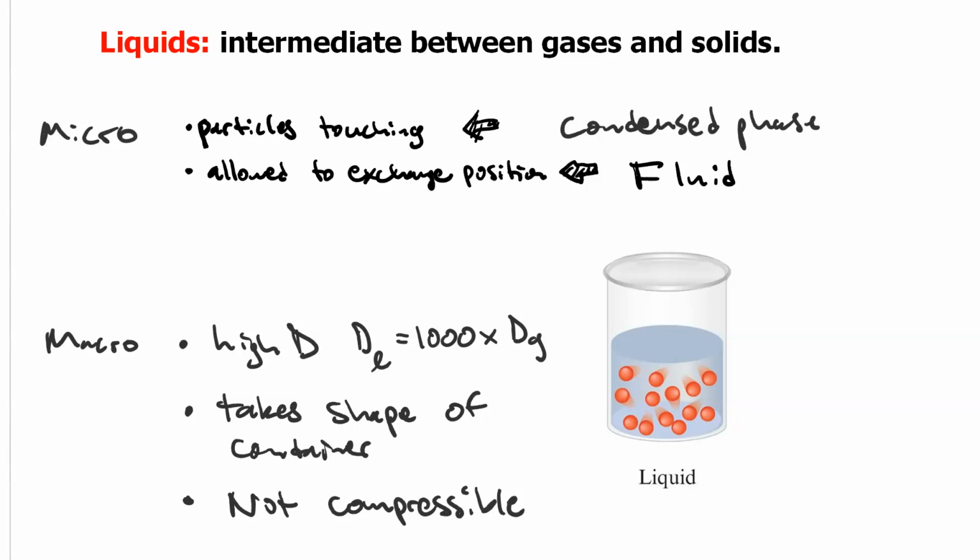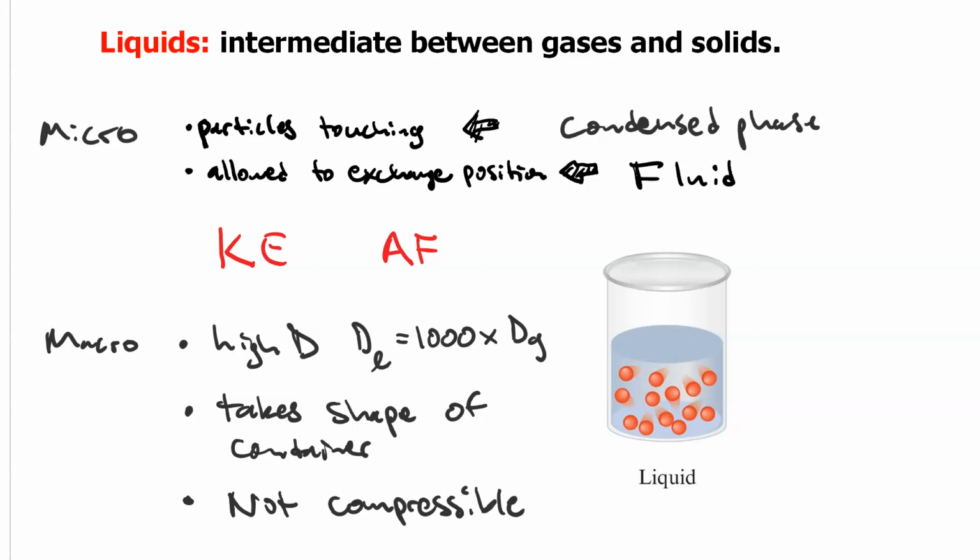One last thing to say about liquids on the micro level, and that is the relationship between kinetic energy and attractive force. We've seen that liquids are kind of intermediate between gases and solids. In gases, the kinetic energy is higher than the attractive force.